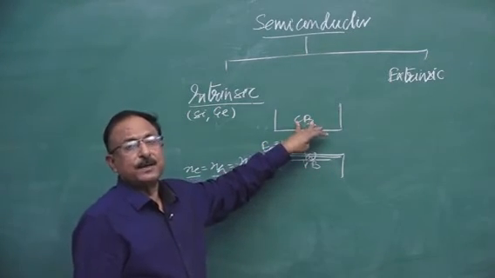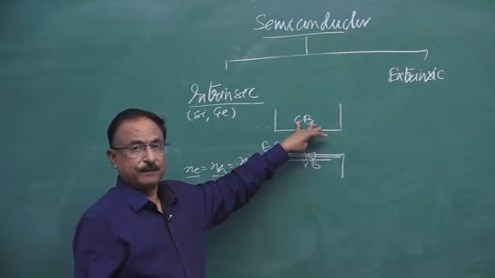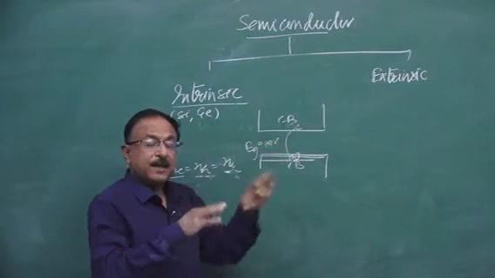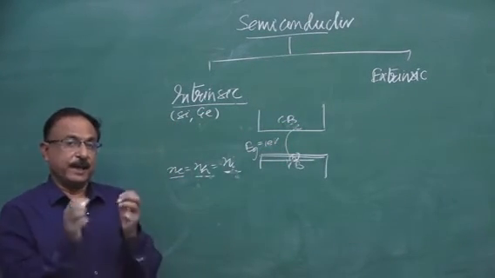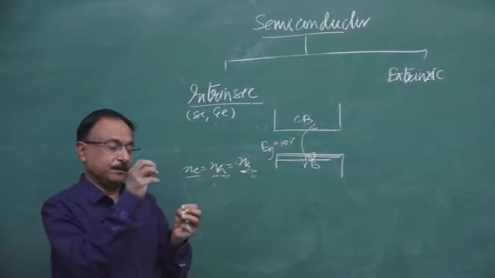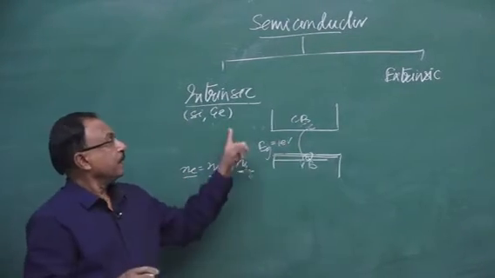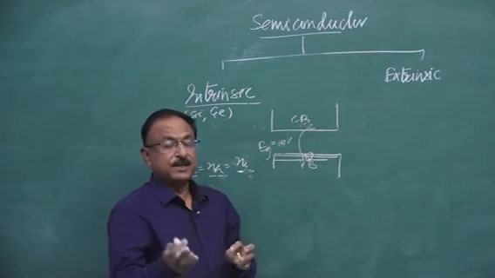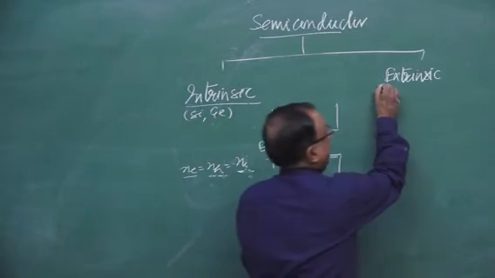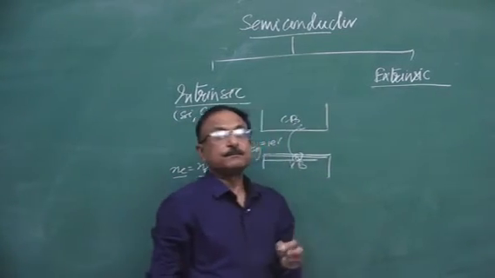These pure semiconductors are of little value for us. Their conductivity can be modified by adding some other atoms, atoms from another group, into the crystal. So we get a modified semiconductor that we call extrinsic semiconductor.